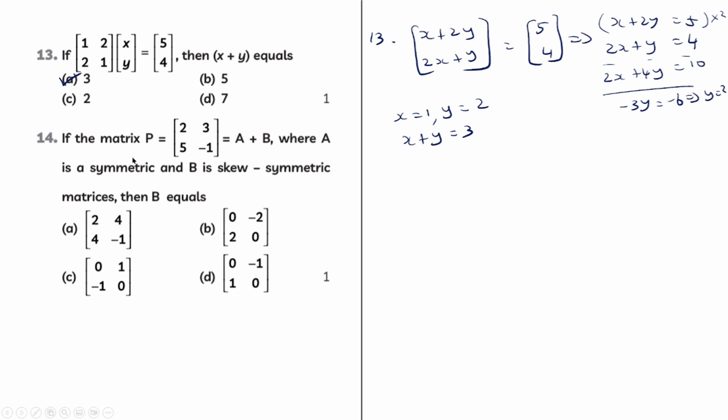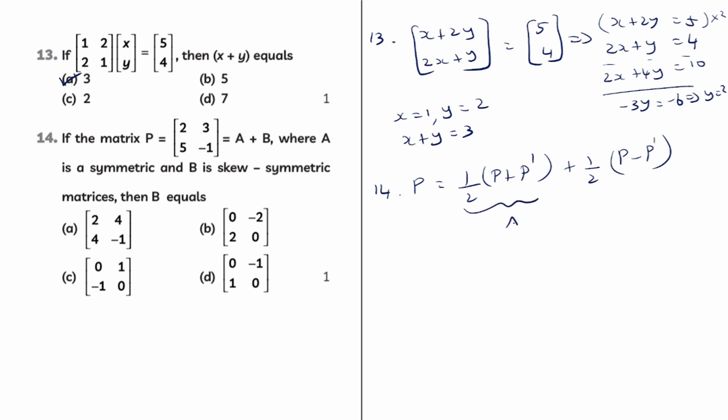Next question, if matrix P equal to 2, 3, 5, minus 1 equal to A plus B, where A is a symmetric matrix and B is a skew symmetric matrix, then B is equal to. Now we know that we can express any square matrix as a sum of symmetric and a skew symmetric matrix. That is, we can express this P as half of P plus P transpose plus half of P minus P transpose.